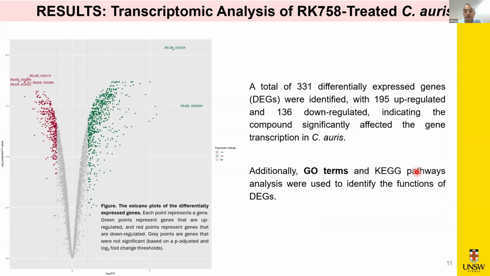Additionally, GO terms and KEGG pathway analysis were used to identify the function of the differentially expressed genes. What we found was that the metabolic and catabolic processes were downregulated, whereas those genes which code for RNA processing were upregulated.